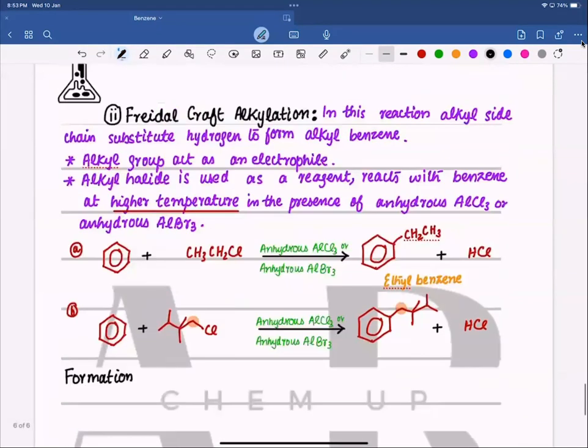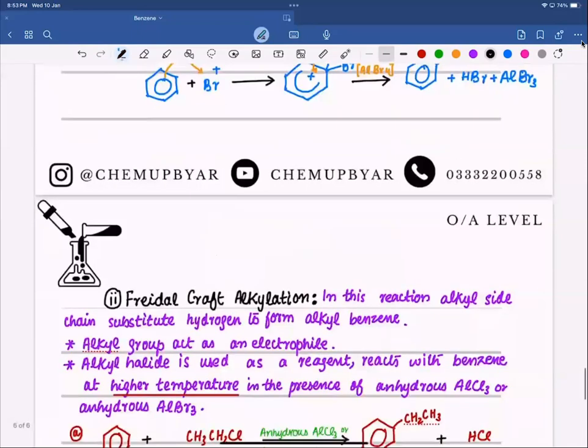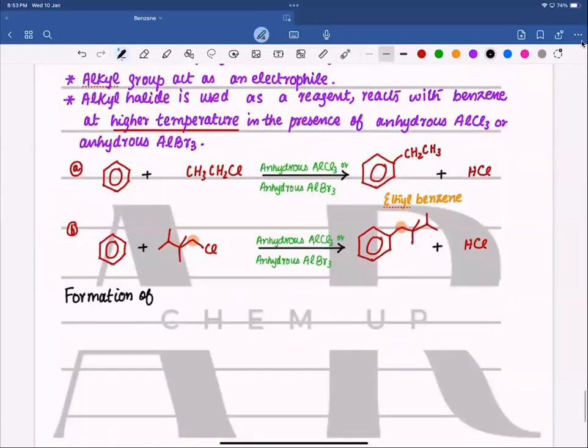So, formation of electrophile. The equation is almost the same as we did for the formation of the electrophile in halogenation, chlorination and bromination. If you see, you will understand.